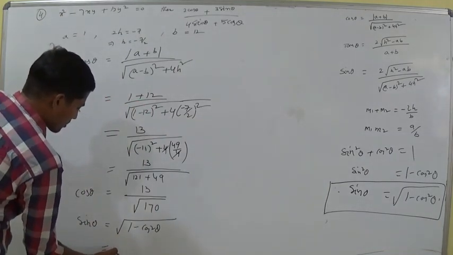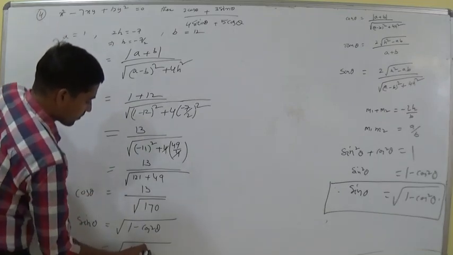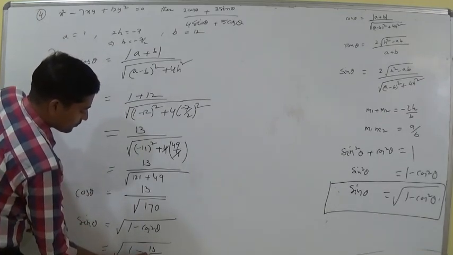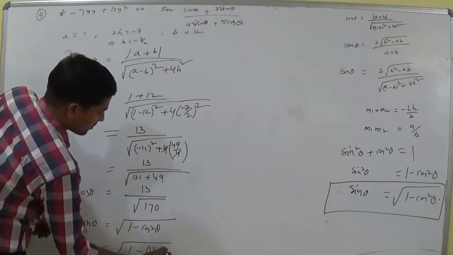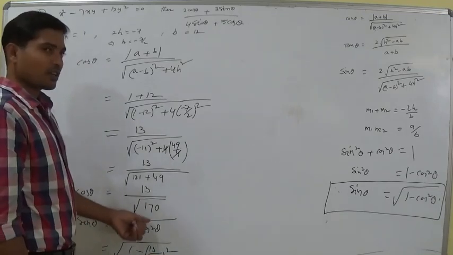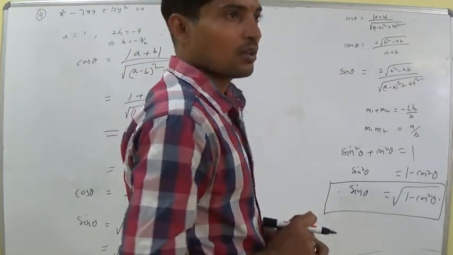Substitute here square root of 1 minus cos square theta, 13 by square root of 170 whole square. Why? Because cos theta value is equal to 13 by square root of 170.